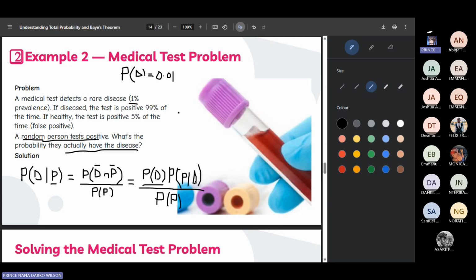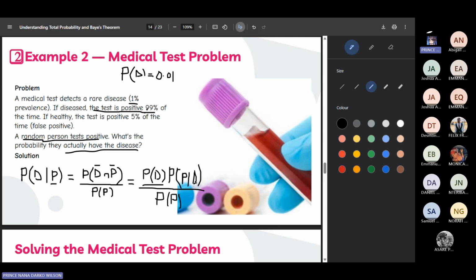The next parameter we have to define is the probability of testing positive, given that you have the disease. So now it says that if you are tested positive, 99% of the time, it is true.